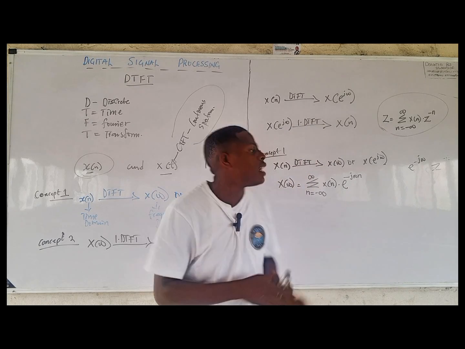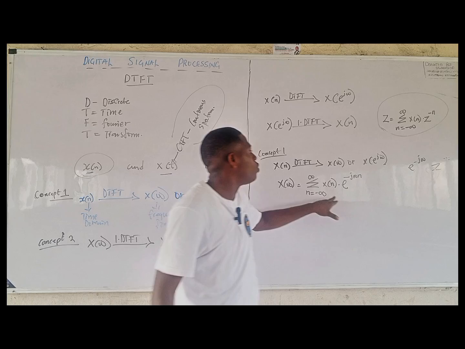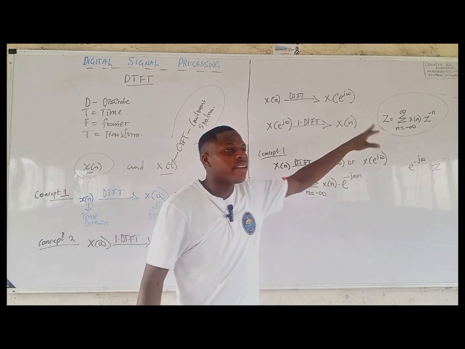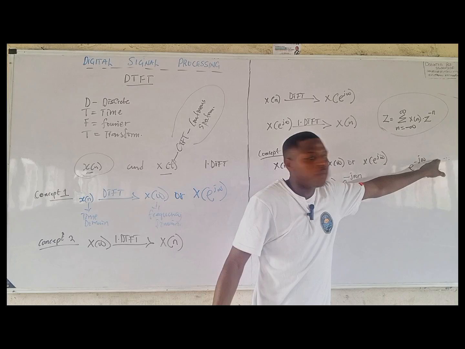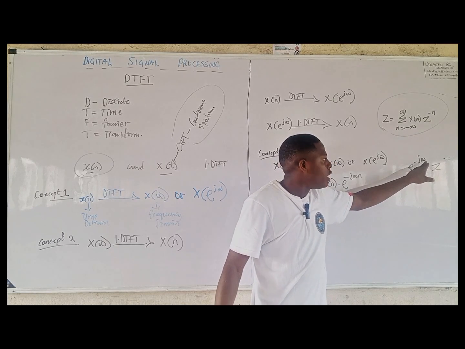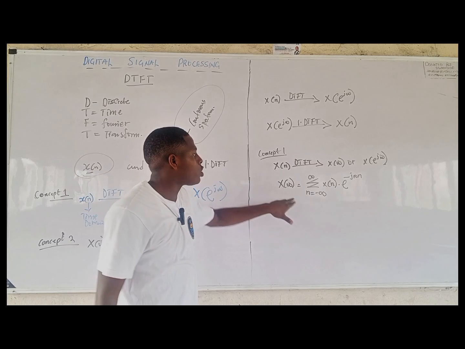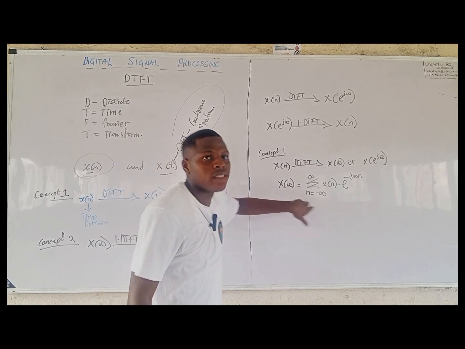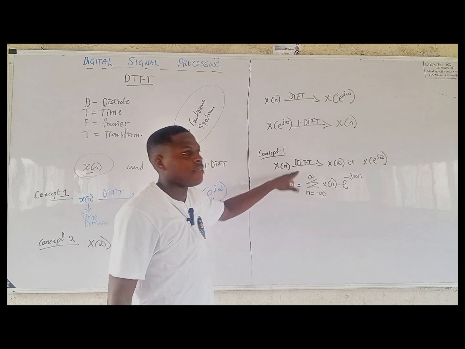I was just telling you that this equation is similar to Z transform. In case you don't remember this equation, you can remember the Z transform equation, remove z to the minus n and input e^jω. Are we together? We've gotten the equation for the frequency domain. We've gotten the formula to calculate your frequency domain when you apply DTFT.